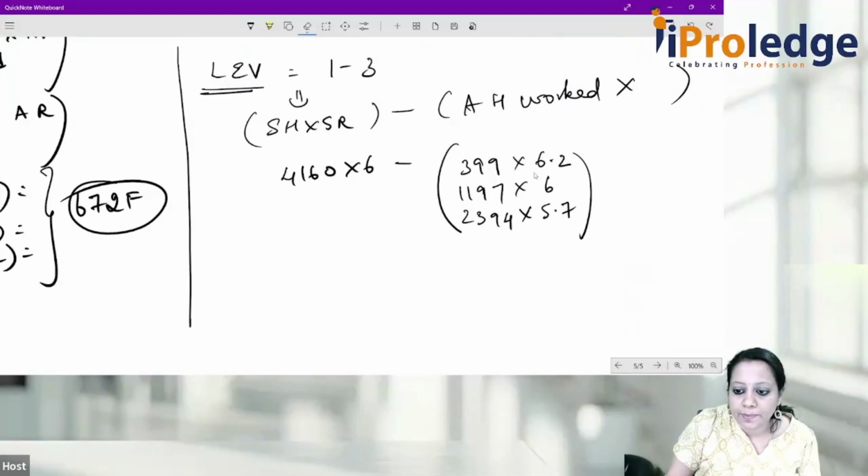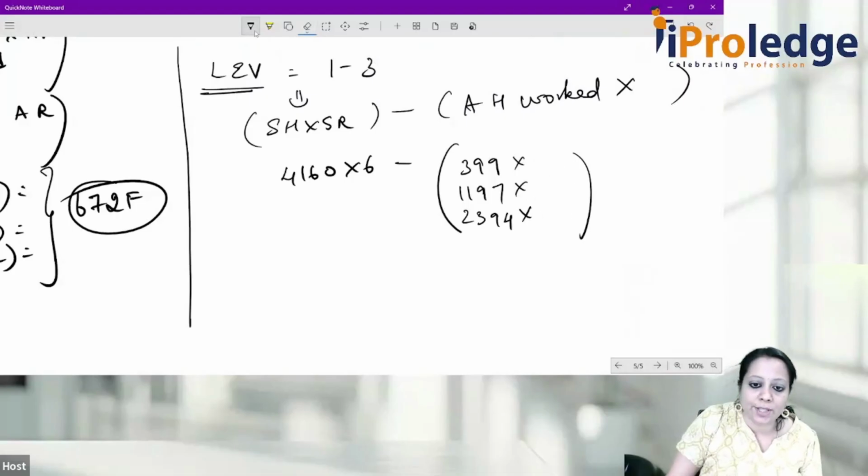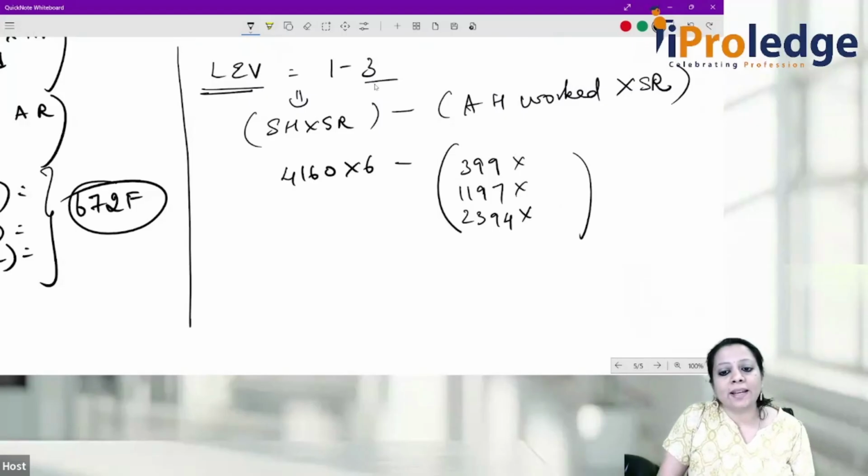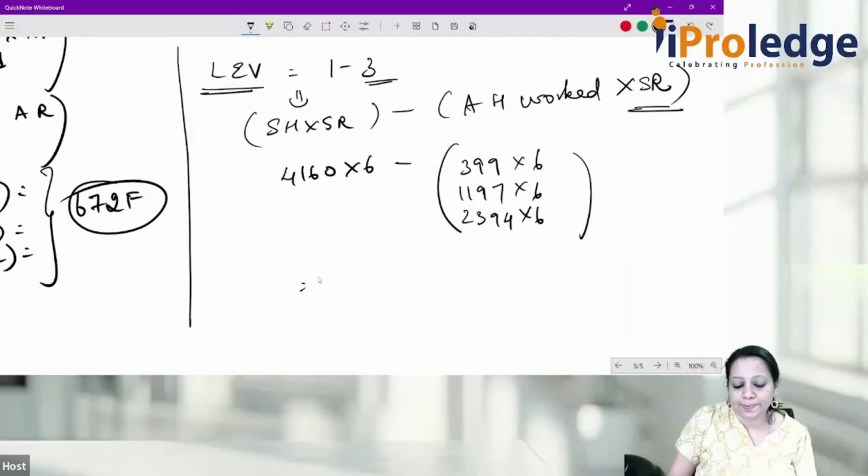I'm so sorry. My mistake. Sorry. SR, no? SR. 1 minus 3, no? 3 is SR, no? By mistake, I wrote AR. So it is going to be 6 everywhere. That's 399 into 6, 1197 into 6, then 2394 into 6.